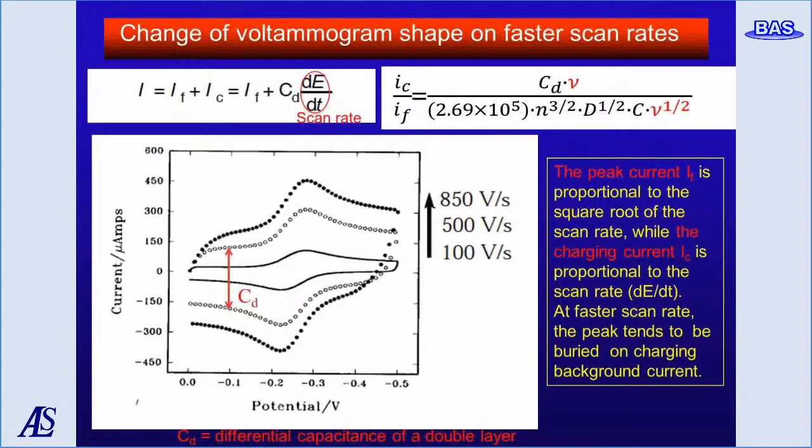On the other hand, the charging current is directly proportional to the scan rate. So at a faster scan rate, the Faradaic current is overtaken by the charging current. So special care should be taken when a faster scan rate is applied.